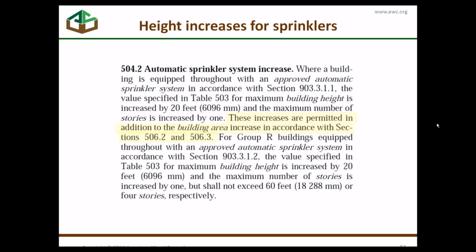What's going on here in this section for Group R buildings? Take a look. Group R buildings reference. This acts like an exception. For Group R buildings equipped throughout with an approved automatic sprinkler system in accordance with this section, 903.3.1.2. That section, if you go back and read it, refers to the standard NFPA 13R.